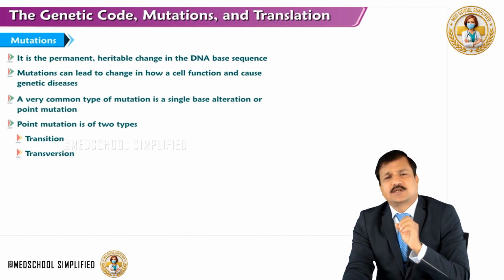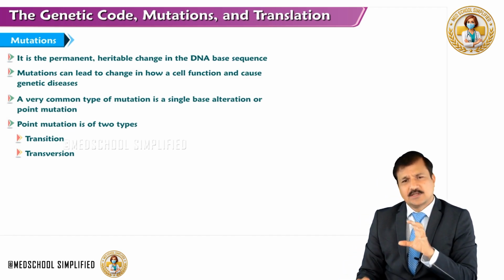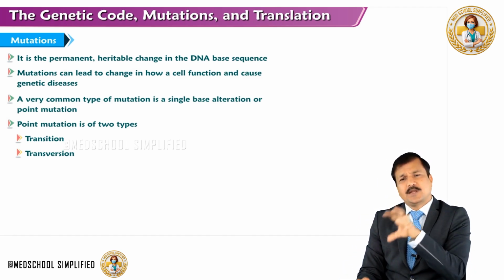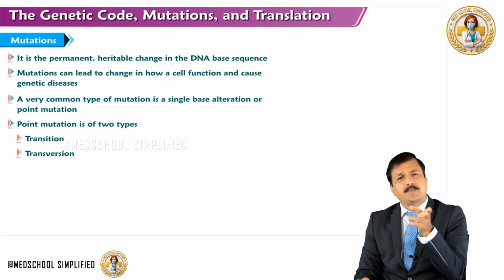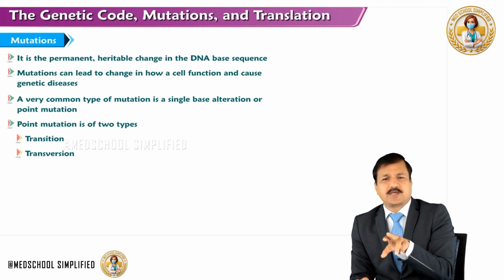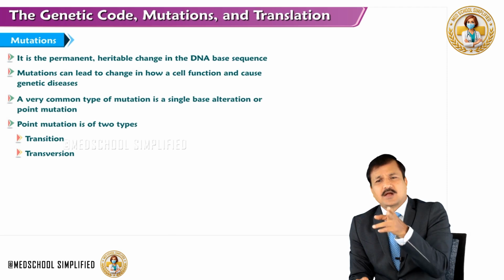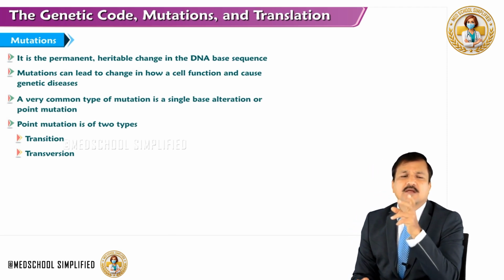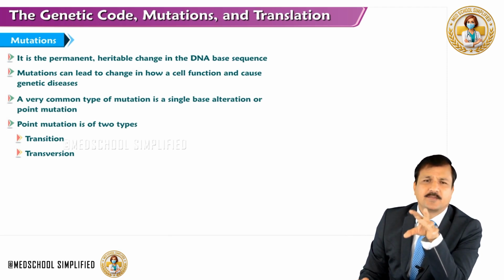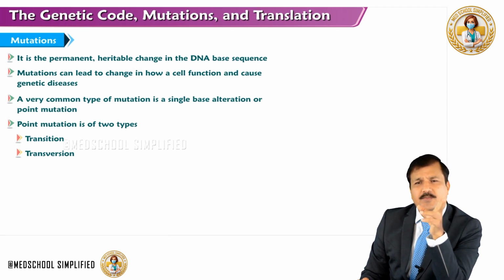A transversion is a point mutation that replaces a purine-pyrimidine base pair with a pyrimidine-purine base pair. For example, an adenine-thymine base pair becomes a thymine-adenine or cytosine-guanine base pair. So here a purine is replaced by a pyrimidine or a pyrimidine is replaced by a purine.